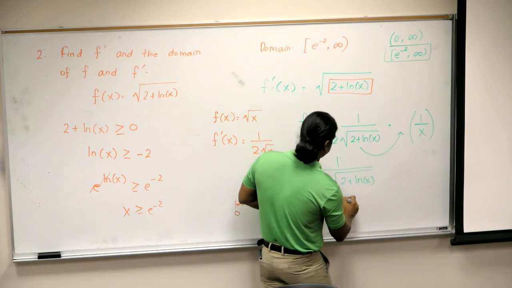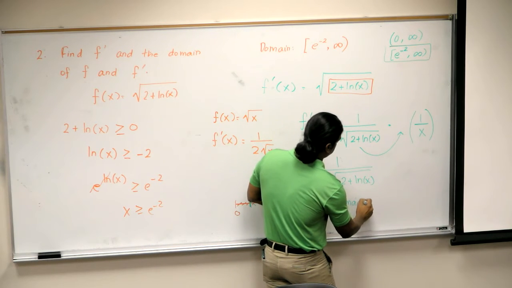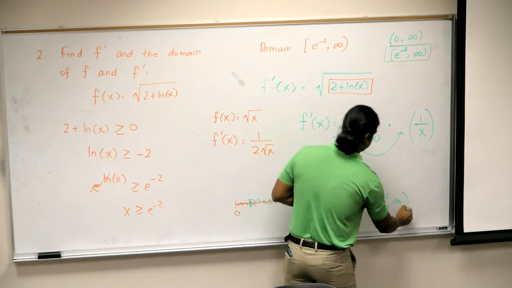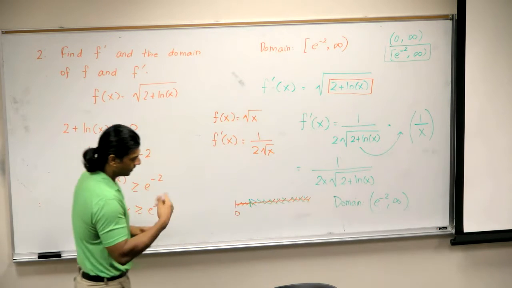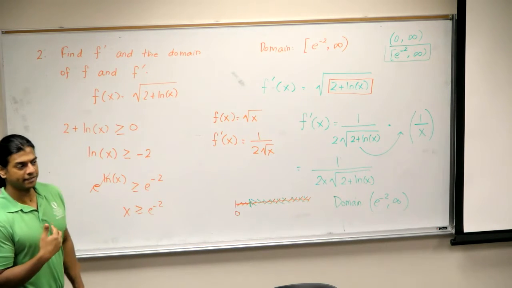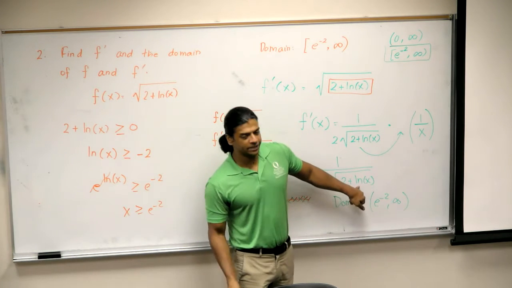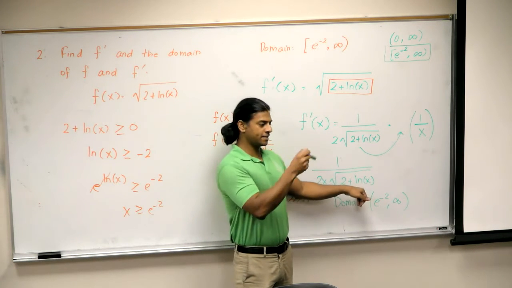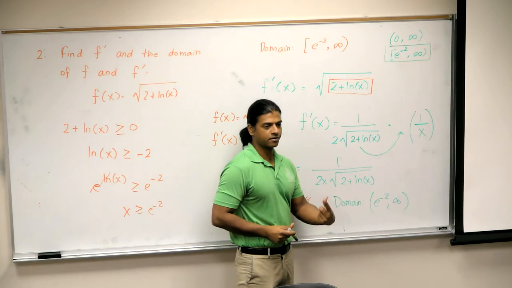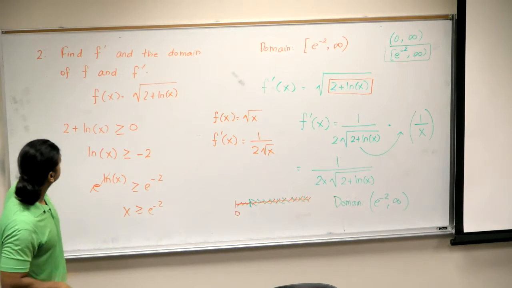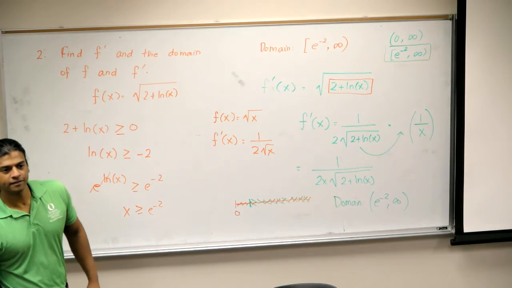So just erase that. The domain is actually e raised to negative 2 up to infinity, not including e raised to negative 2. Thank you for this. Because if I plug in e raised to negative 2 in the denominator, that will become 0. So that's the domain for f prime of x.